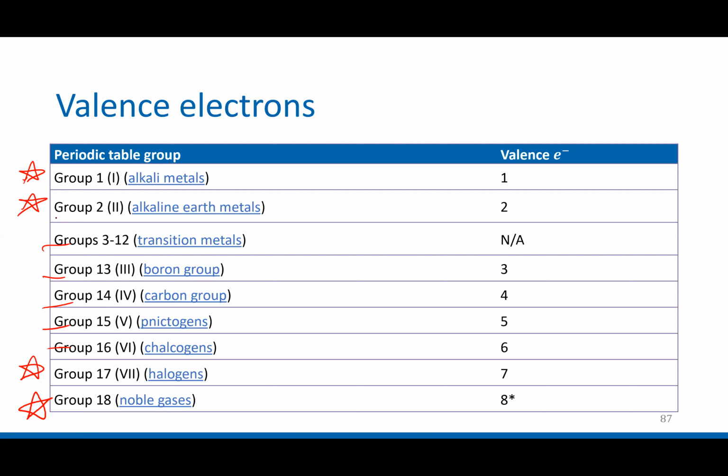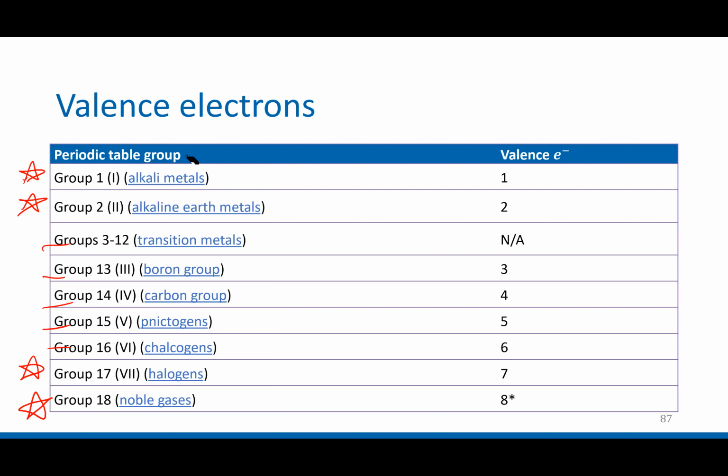Sunday in the lab, we actually saw what happens when we mix something from group 1 with water. You saw it was pretty explosive, a pretty exciting reaction. If you haven't done your lab yet, you will see this week.